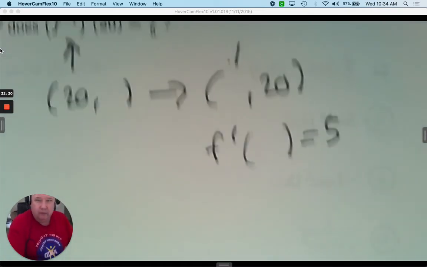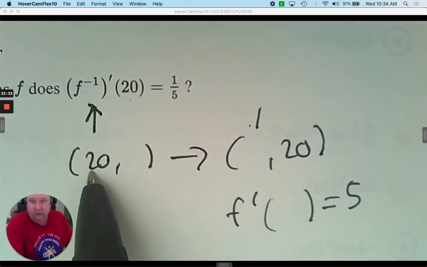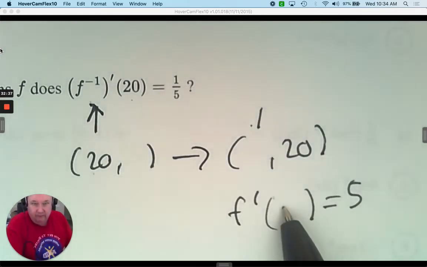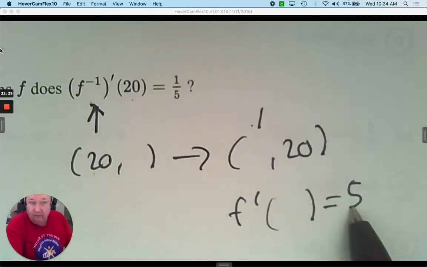So this is what I'm looking for. The x value is 20, so the inverse is this. The derivative of whatever that is would equal 5, the reciprocal.